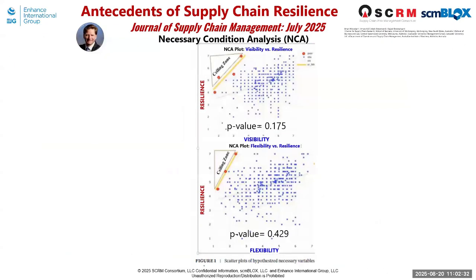So they're using this necessary condition analysis, NCA, which is a research method used to identify must-have conditions, those that are absolutely required for a particular outcome to occur. Unlike traditional statistical approaches, which focus on sufficiency, just like Greg mentioned, what factors increase the likelihood of an outcome, NCA zeroes in on necessity.